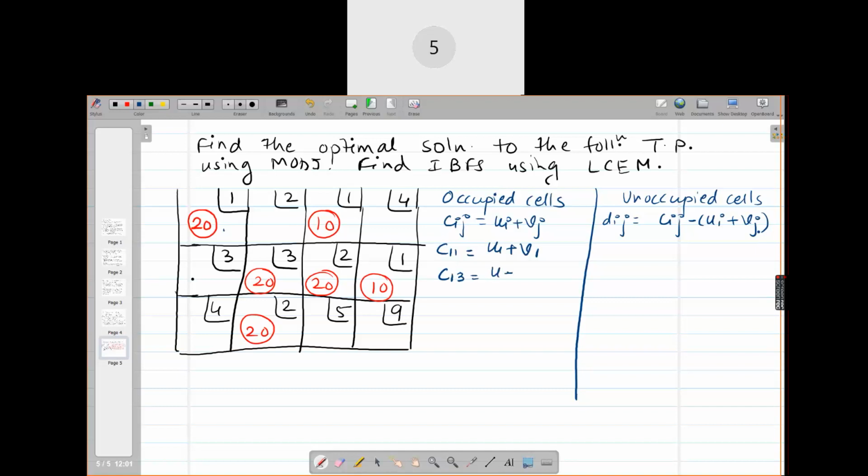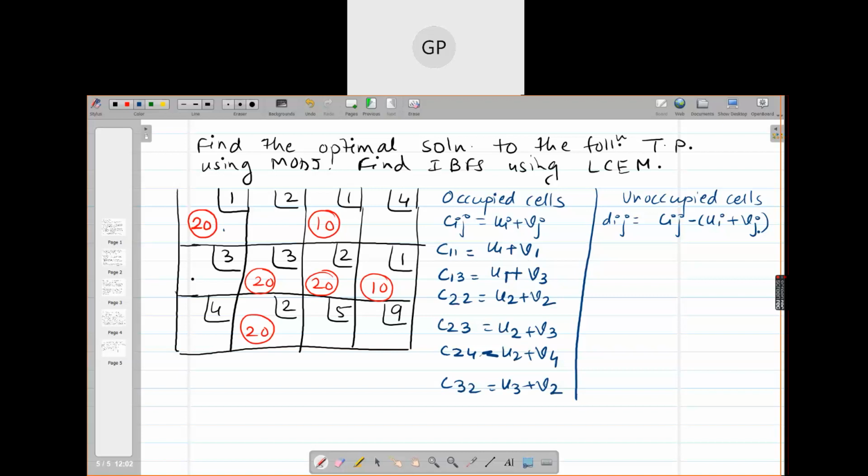U1 plus V3. Next, C22, U2 plus V2, C23, U2 plus V3, C24, U2 plus V4, C32, U3 plus V2.